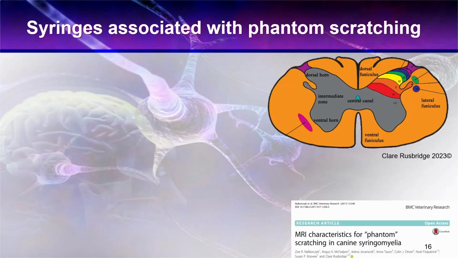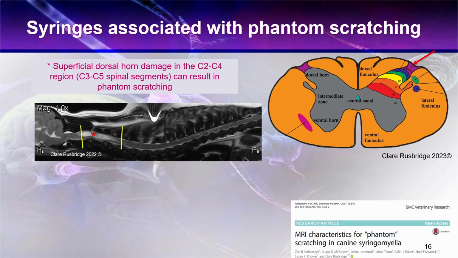So as we talked about in clinical signs, the syringes that are associated with phantom scratching extend right to the nerve root entry zone and are typically in the C3 to C5 spinal segments.